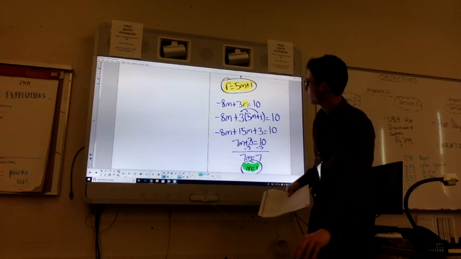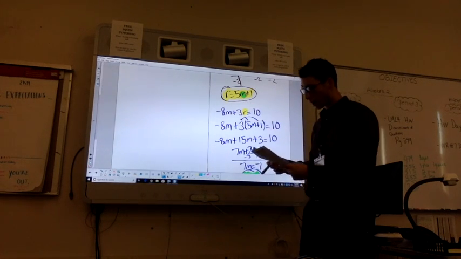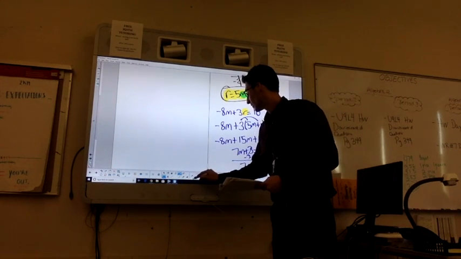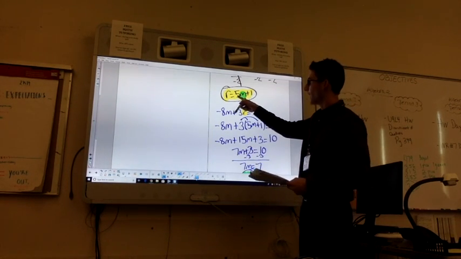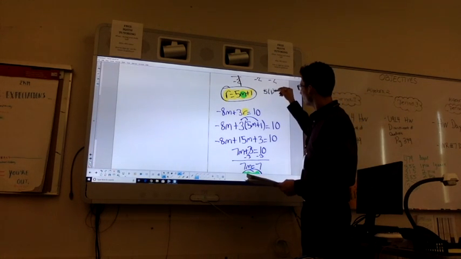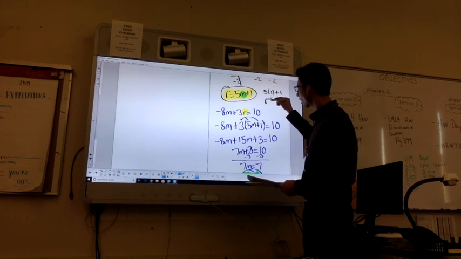I just have to substitute that back in to this m here, and I can find what r is equal to. So since m is just positive 1, 5 times 1 plus 1. 5 plus 1 is just 6, so r is equal to 6.